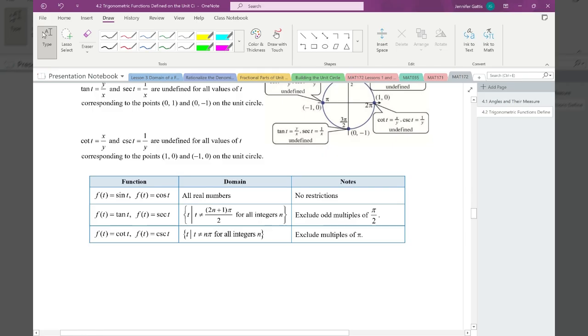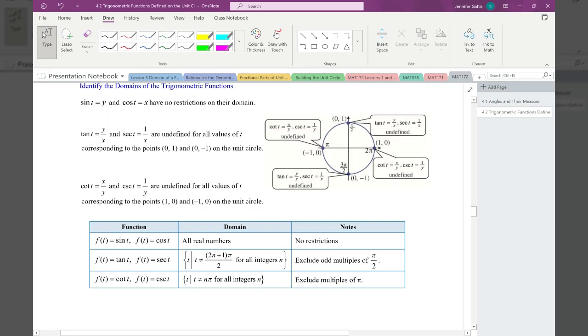Now, tangent is undefined when x is 0. Secant is undefined when x is 0. Cosecant is undefined when y is 0. And cotangent is undefined when y is 0. Okay?